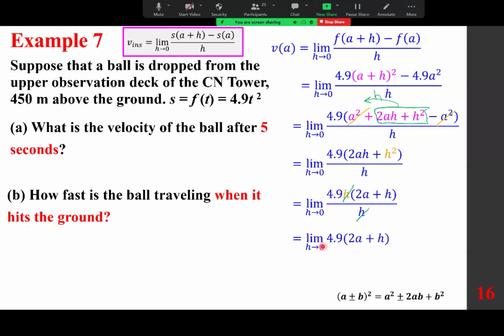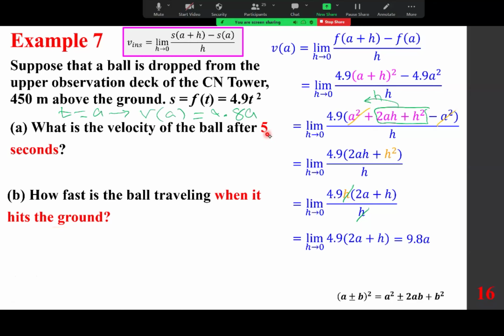So if you let h go to 0, you get 2a times 4.9, which is 9.8a, which means at t equals a, v of a is 9.8a.